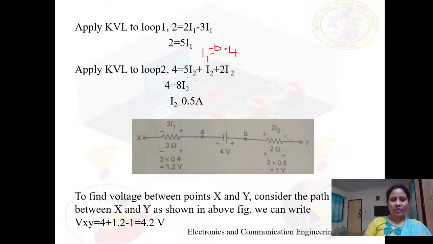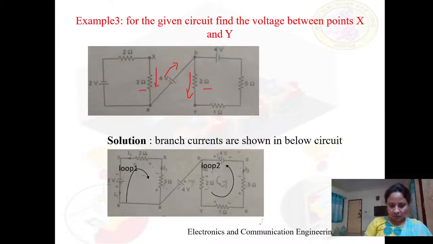For the second loop equation, it is -1 into I2 -5 into I2 plus 4 minus 2 into I2 equals 0.